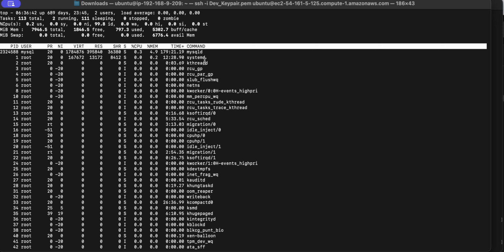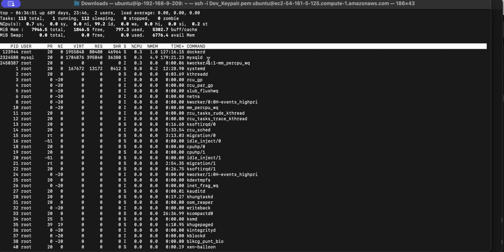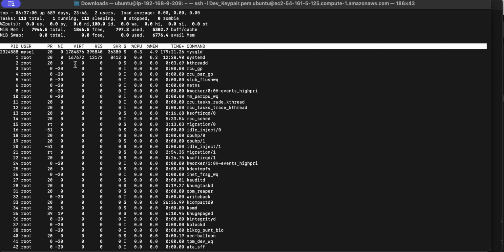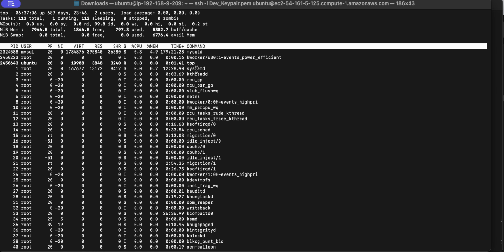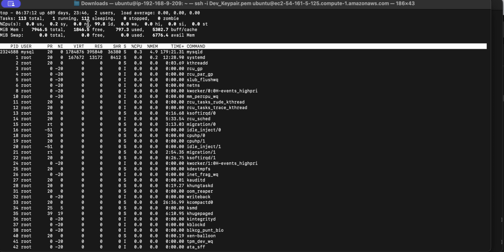For a specific process, by default, if a user is running any service, the priority will be 20 and the nice value will be 0, because it ranges from minus 20 to plus 20. Now if you want to update the priority, you can do that, and then that will be visible here.